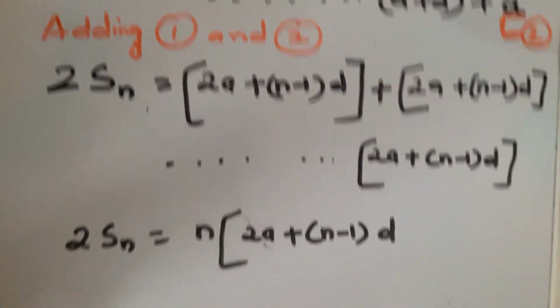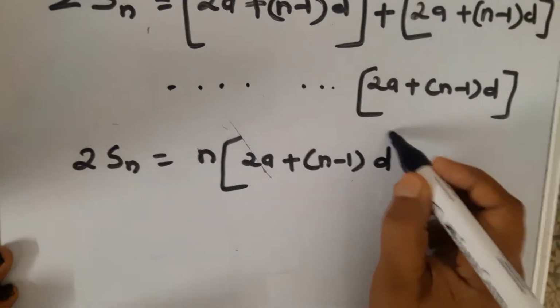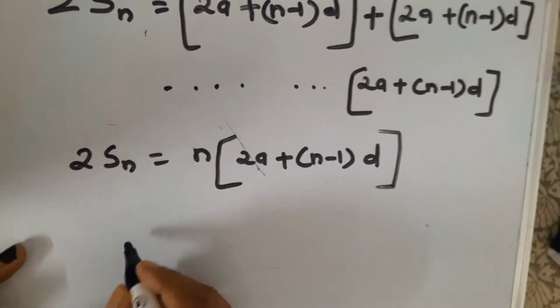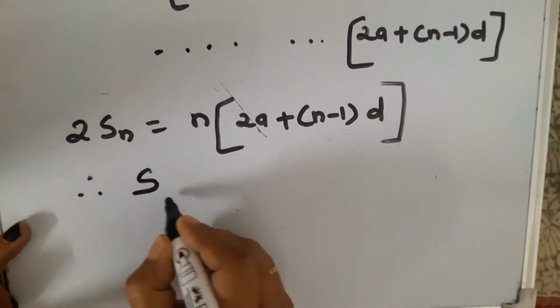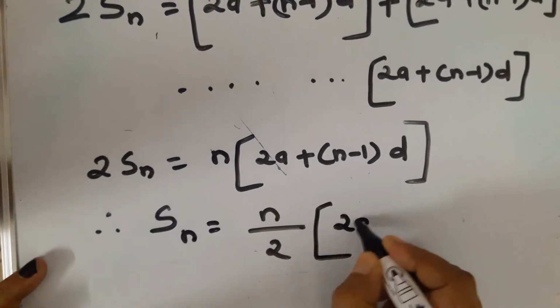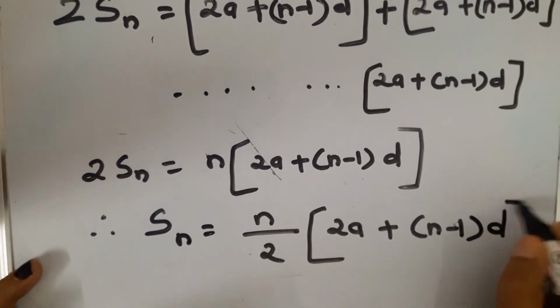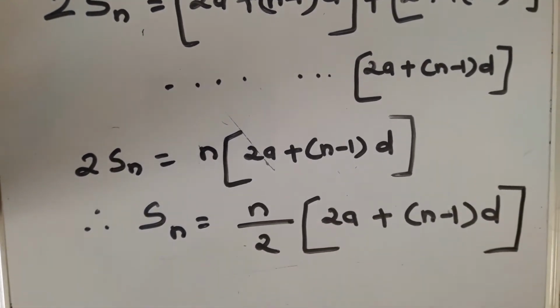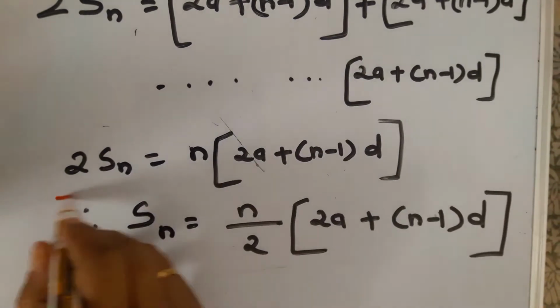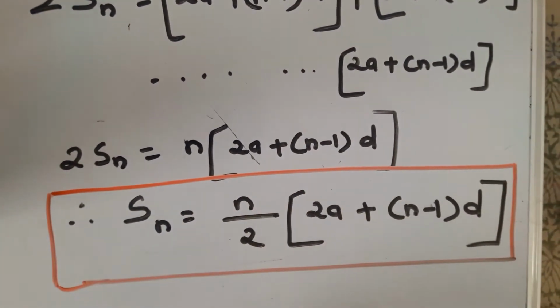So therefore your Sn will be n by 2 into (2A plus (n minus 1) into D). So this is the formula to find the sum of first n terms of an arithmetic progression.